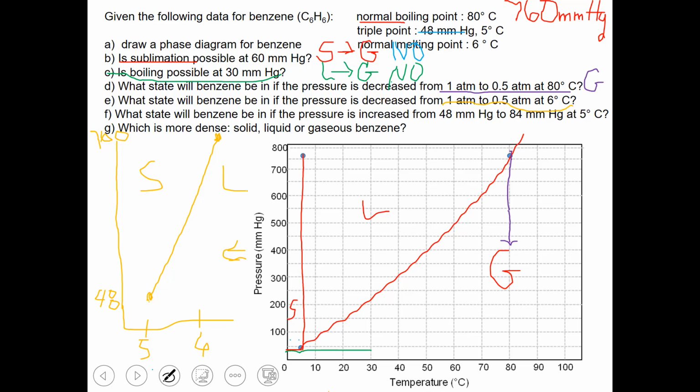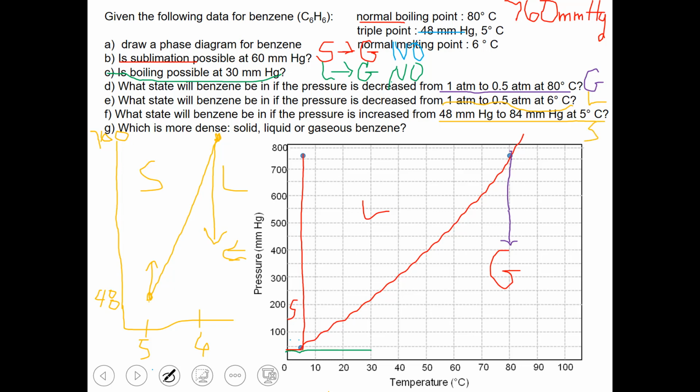Therefore, if at 6 degrees we reduce the pressure to 1/2 of its value, we are going to be in the liquid phase. And if we start out at 48 millimeters and 5 degrees Celsius and increase the pressure a little bit, we are still going to be in the solid phase.